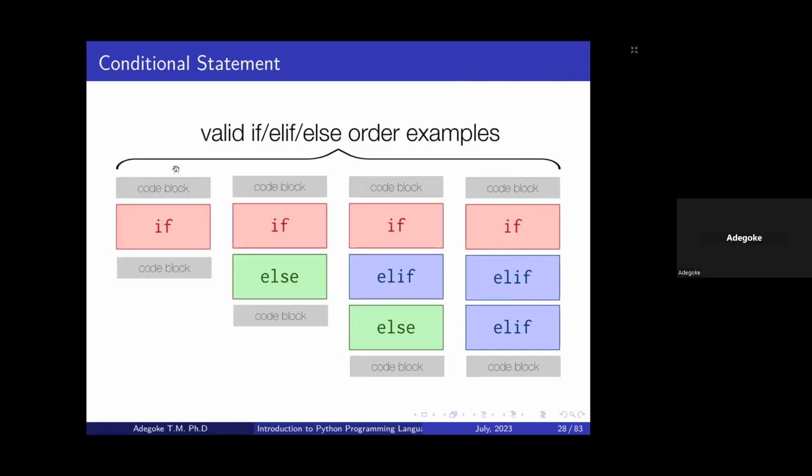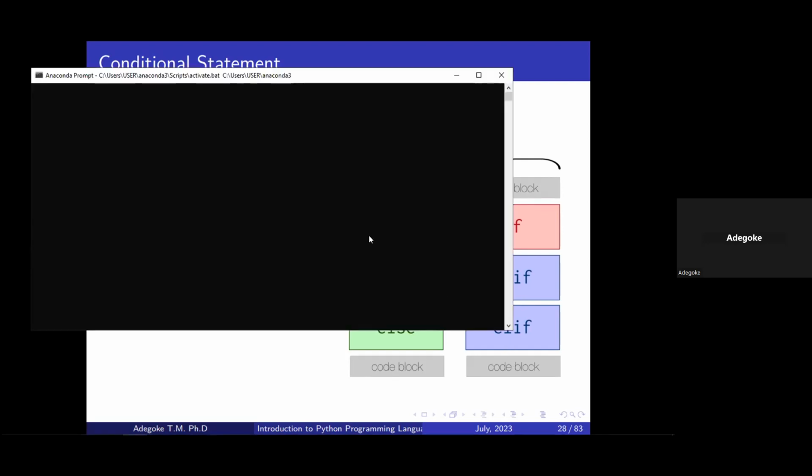That is why we have the if statement for one decision, the if else statement for two decisions, and we have if elif else. So we can have this particular block of code where we have three decisions to make, and using if elif means we have multiple decisions to make.